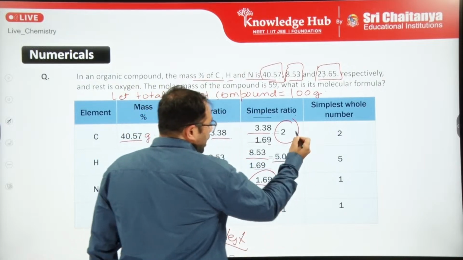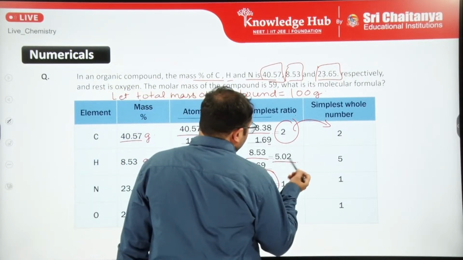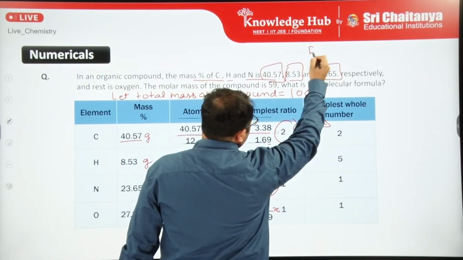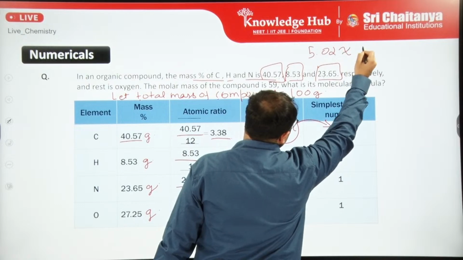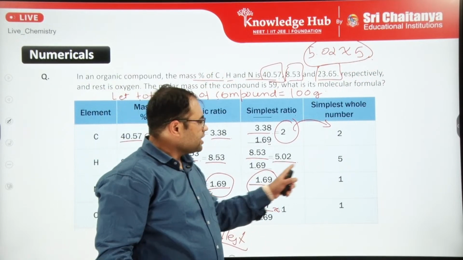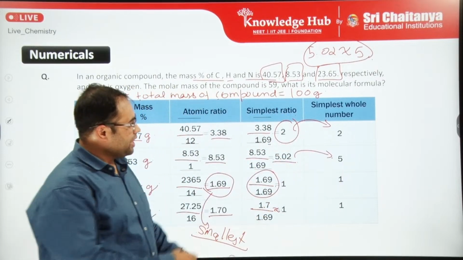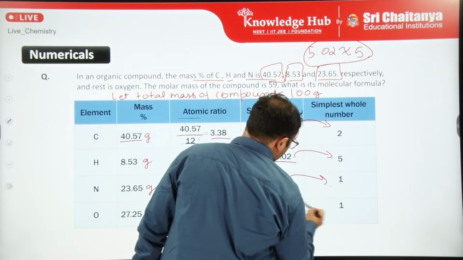So here it can be written as 2. See, 5.02 is approximately just 5 only. We can take it as 5, just between you and me. Now 1 is 1, no issue. This is also 1.